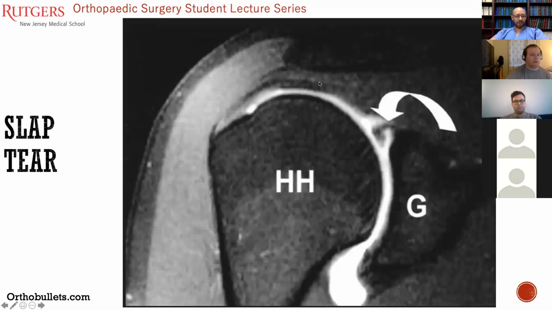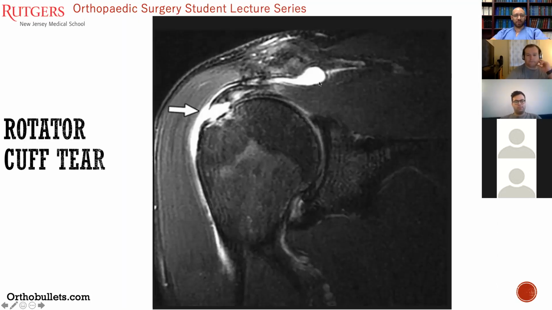Jeff, I'm going to stop you right there because there's a question similar to that, but they asked, can you use contrast in CTs, like a CT arthrogram? But most of the time it's more for the MR arthrograms, because you can see more pathology if you're looking for either a cuff tear, or if you're looking at labral pathology, you can inject your dye in there and see if it extravasates from the cuff or the capsule.